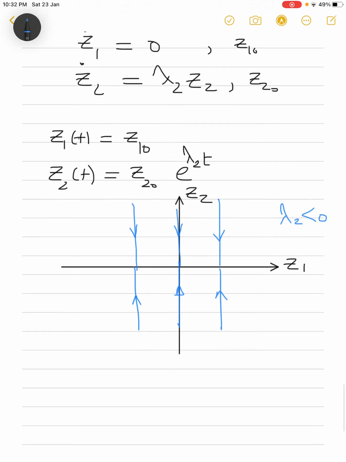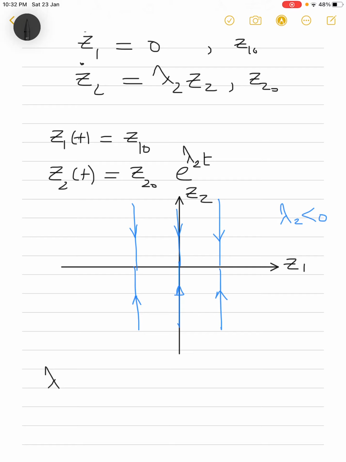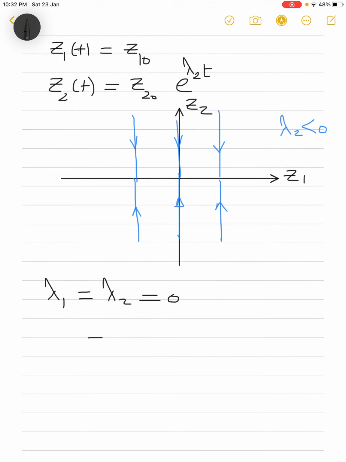If both eigenvalues are zeros, so take the case of lambda 1 equal to lambda 2 equal to 0. In that case, the Jordan matrix will take the form where it will have zeros, of course, at the diagonal, but it will have 1 here at the off diagonal.